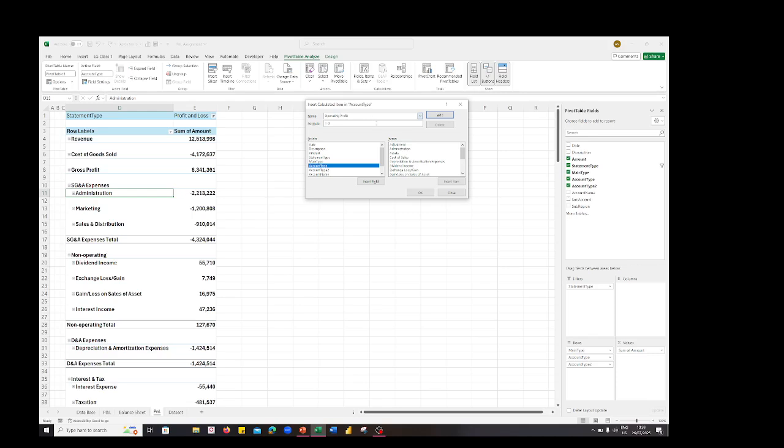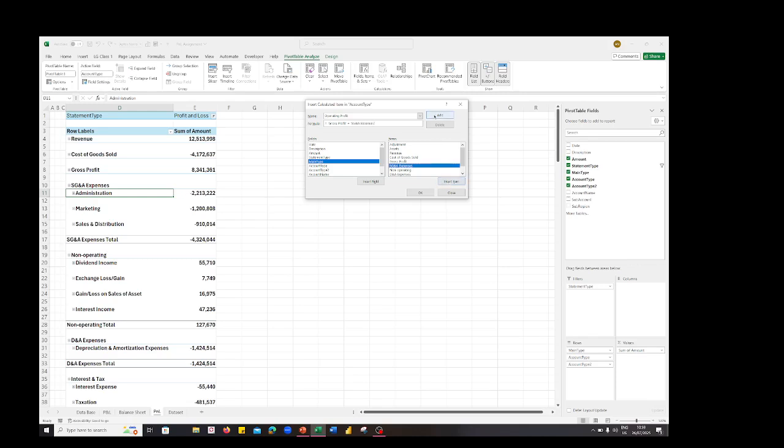So our operating profit is here: your gross profit, insert, then plus your SG&A because that is your operating expenses.